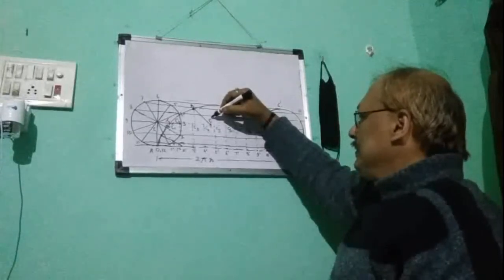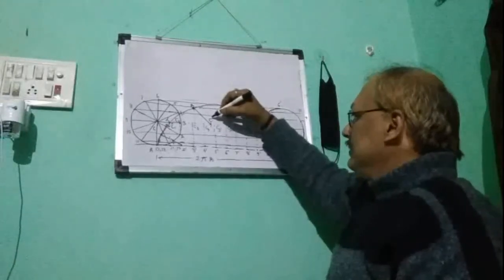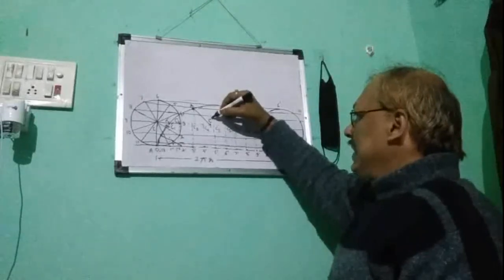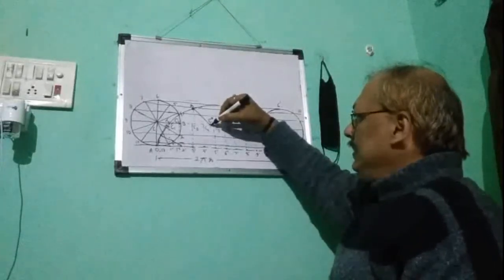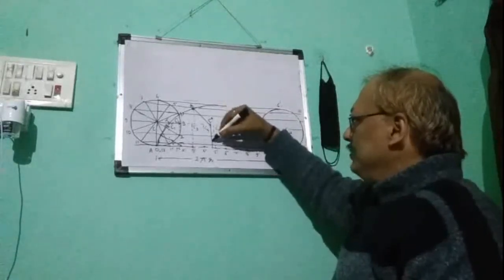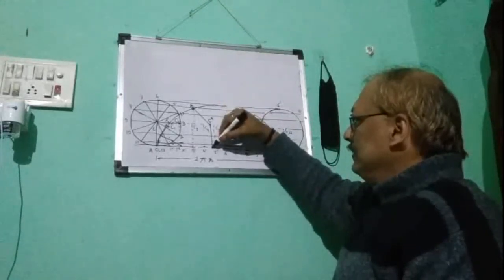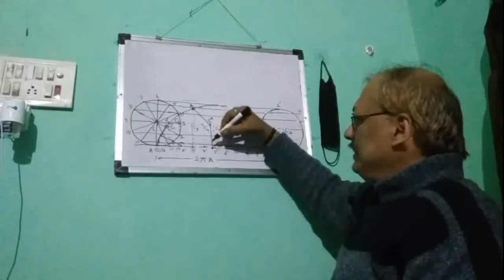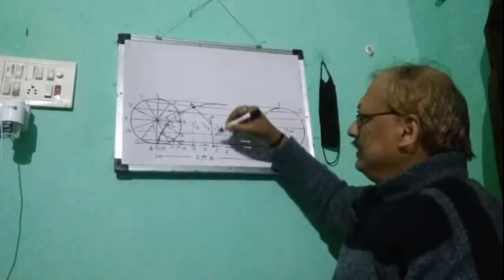C asterisk I am putting, and the corresponding foot will be got by drawing a perpendicular. So this will be the corresponding foot.